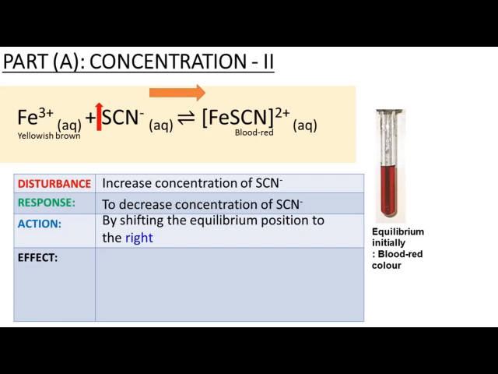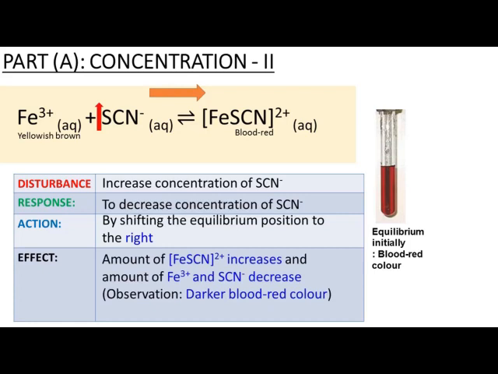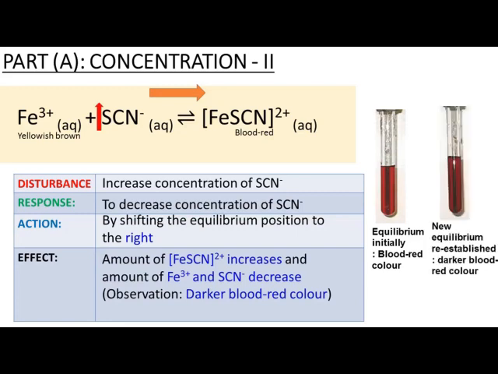This will result in the amount of thiocyanoiron(III) complex ion increasing and the amounts of iron(III) ion and thiocyanate ion decreasing in the new equilibrium. As the amount of thiocyanoiron(III) complex ion increases, a darker blood red color will be observed in the new equilibrium.